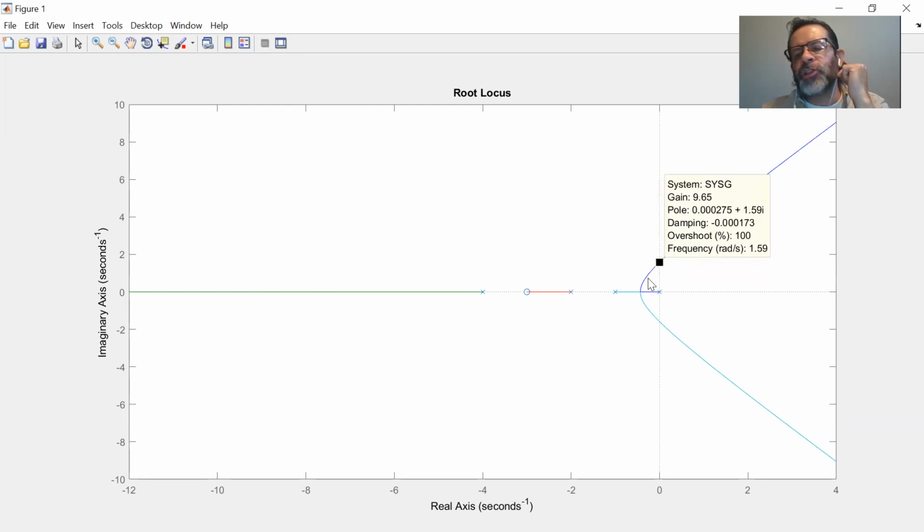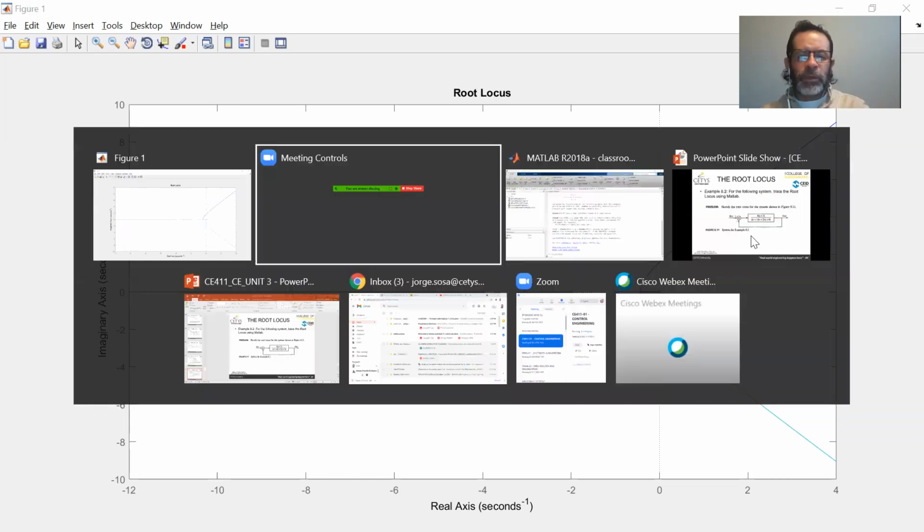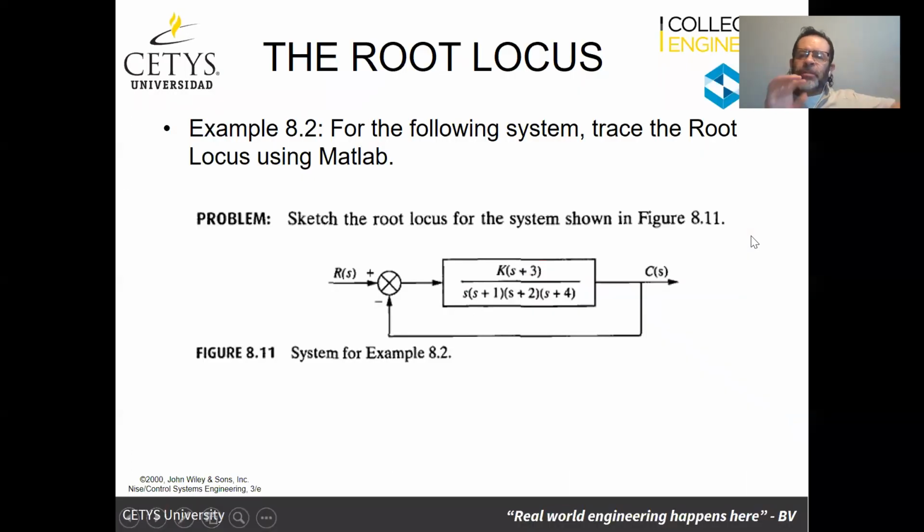So let's use this as a design tool. Let's assume that for this particular system, which is this system that we have here, I would like the system to behave in such a way where the overshoot would be less than 10%, for example.